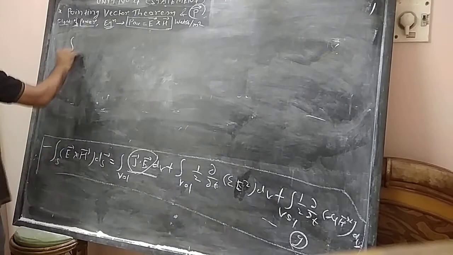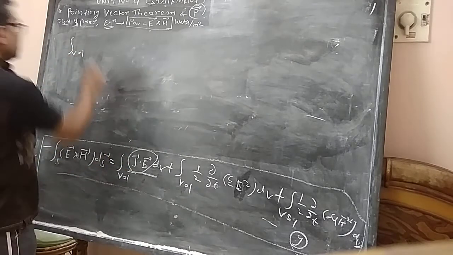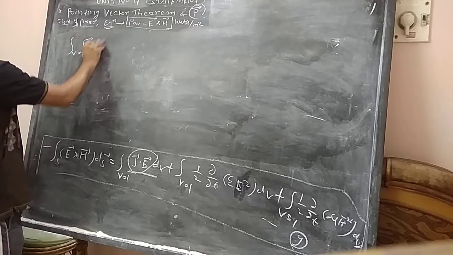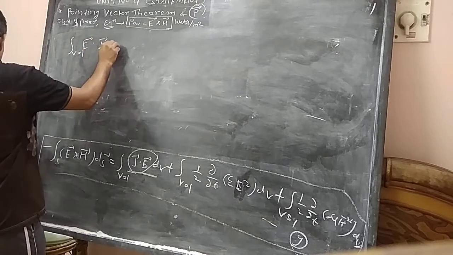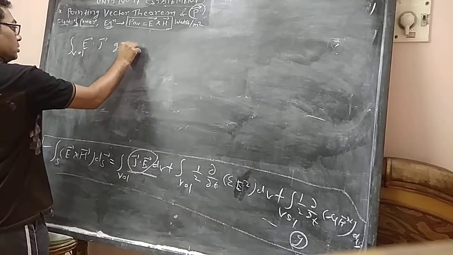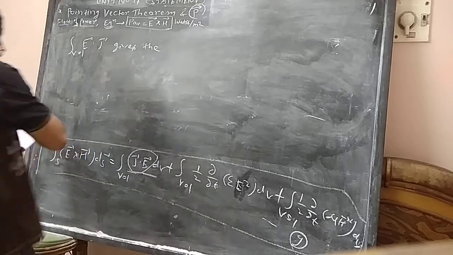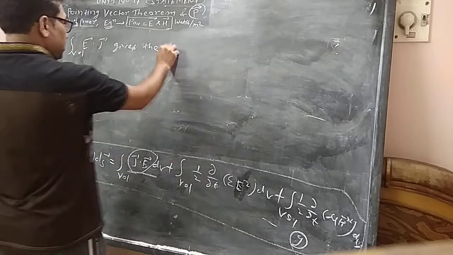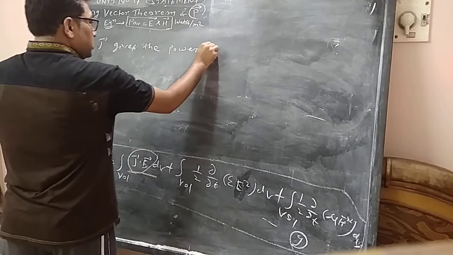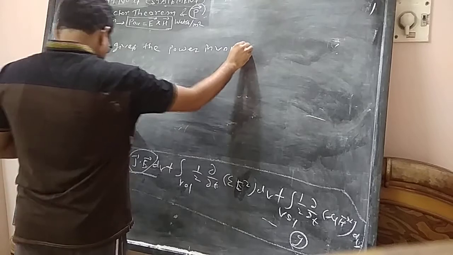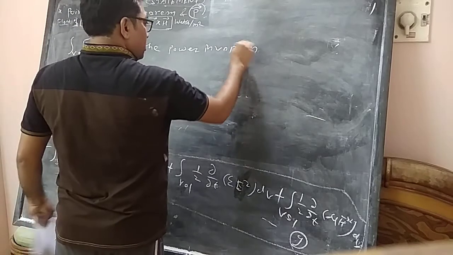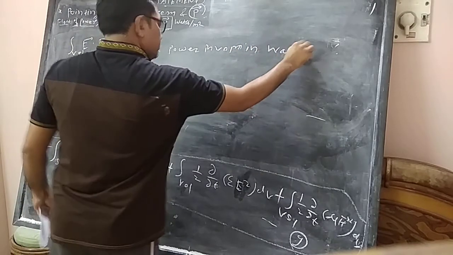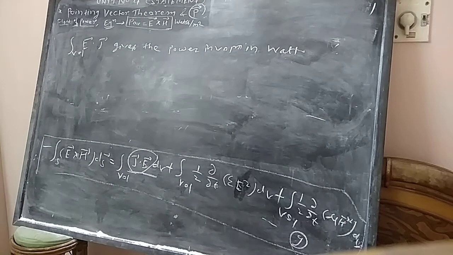So the volume integration of this E vector dot J vector gives the power in the volume, in watts, that is dissipated as ohmic losses.